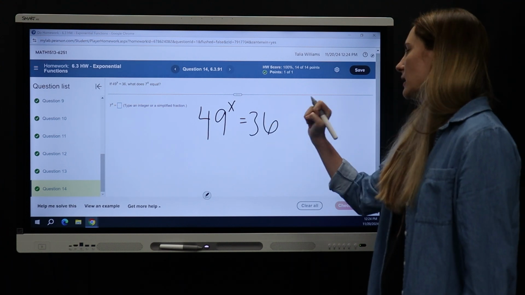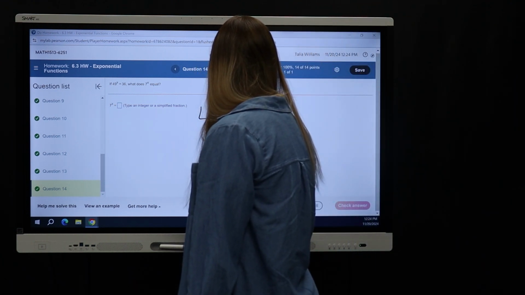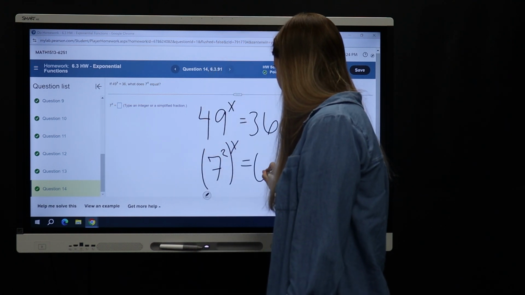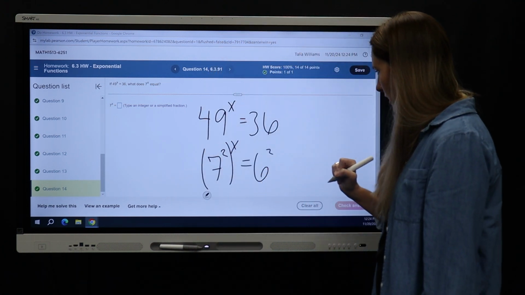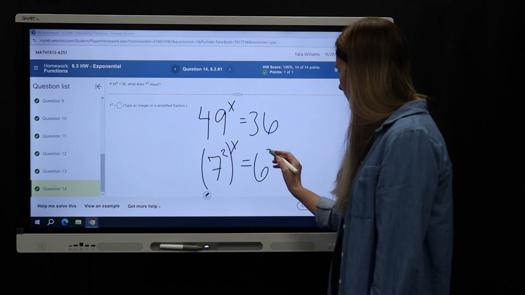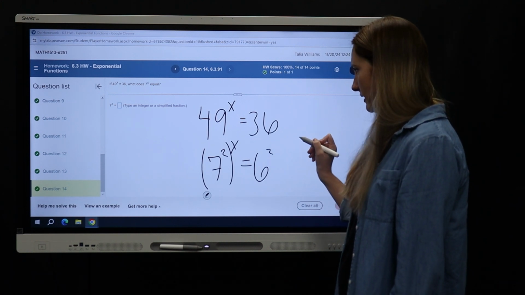So I know that 49 is 7 squared. So what I want to do here is be 7 squared to the x. I know 36 is 6 squared here. I just need to solve it for 7 to the x.